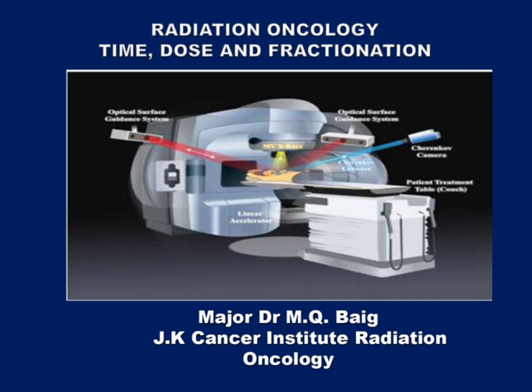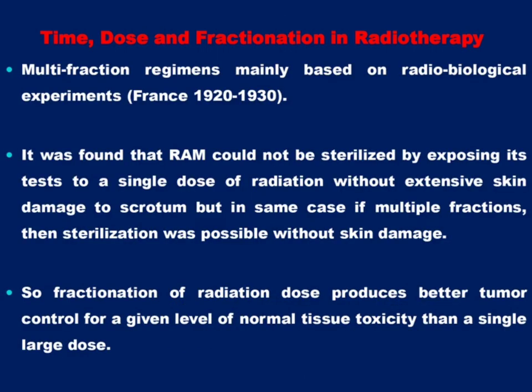Time, dose and fractionation in radiotherapy is basically a multi-fractional regime based on the radiobiological experiments initially done in France between 1920 and 1930, almost 10 years of extensive research on fractionated radiotherapy.